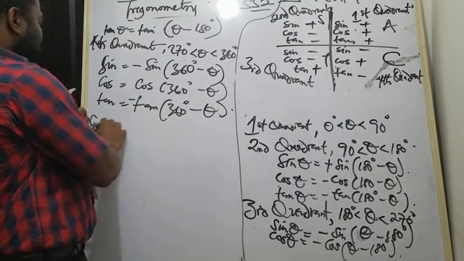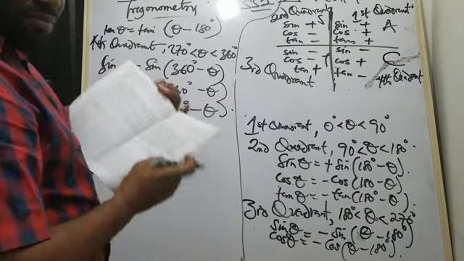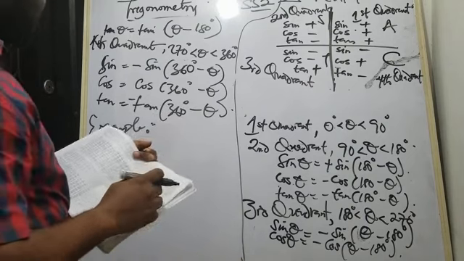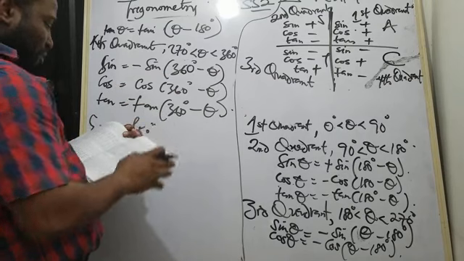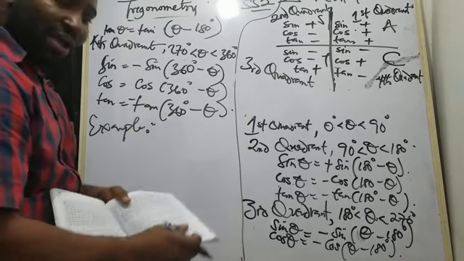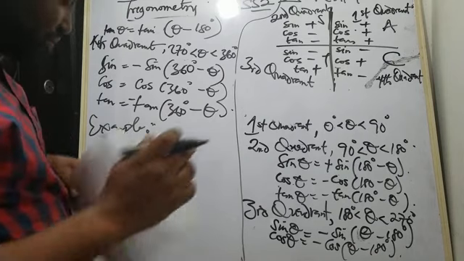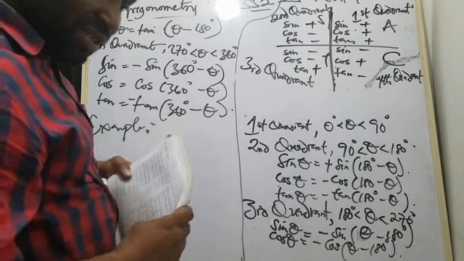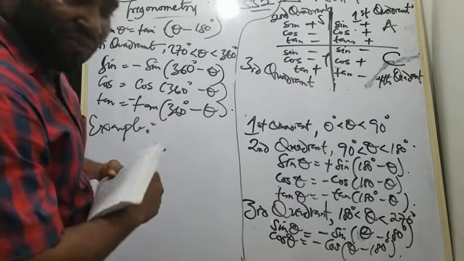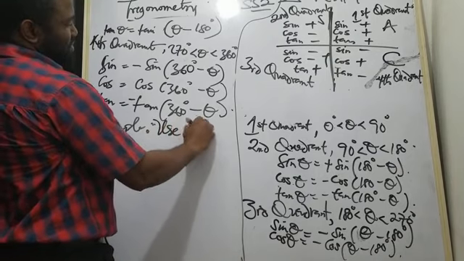Let's take an example. Okay? Yes, cos is plus here. So you will need your logarithm table or your statistical table. You will use your statistical table here. Use the tables to find the values of the following.